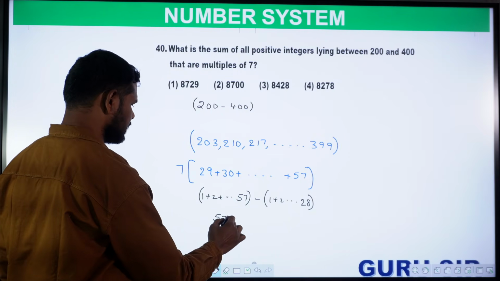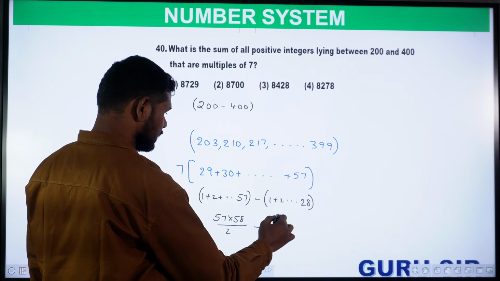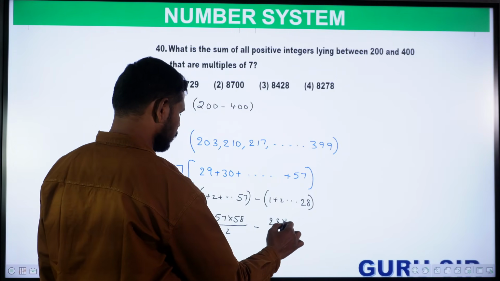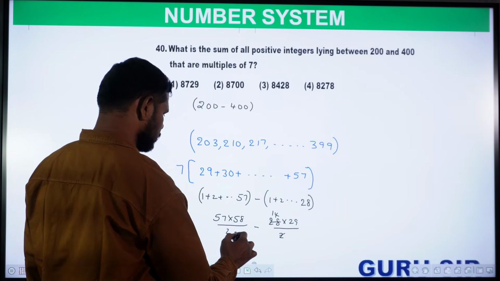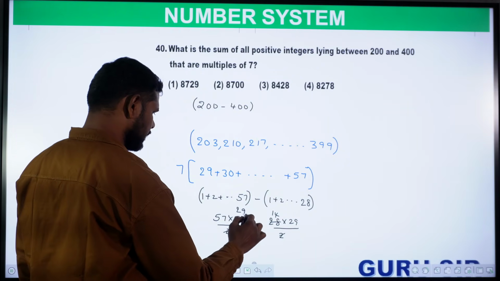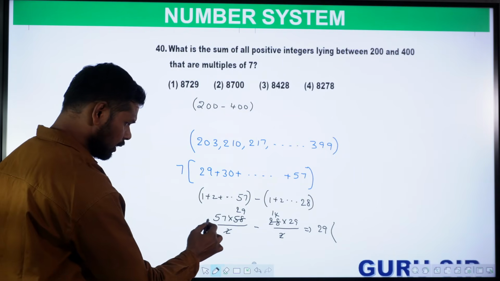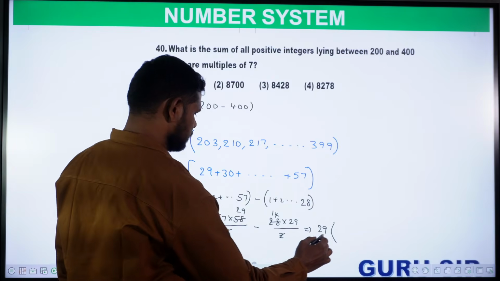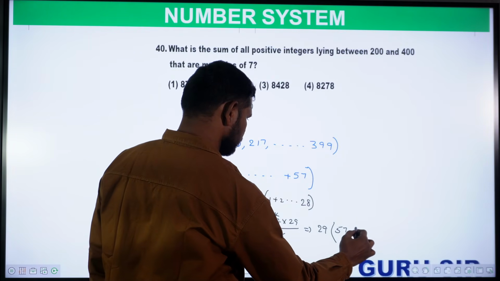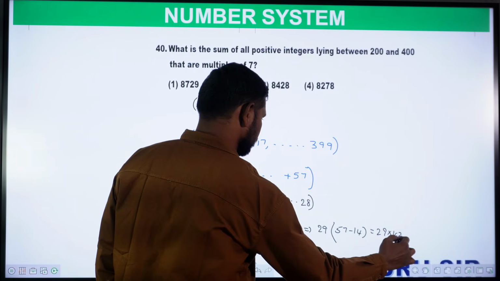Here 57 into 58 by 2 minus 28 into 29 by 2. Two 1s are 2, two 14s are 28, and 29 is common outside. Then 57 minus 14 gives 43. So 29 into 43.